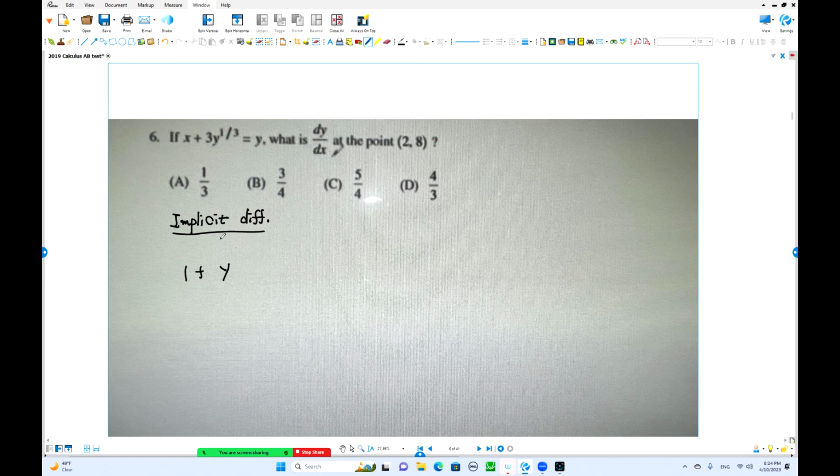But we take the exponent 1/3 minus 1, negative 2/3. But y is a function of x, so we multiply by its derivative, dy/dx. And there's only one y there, okay? That is the dy/dx.